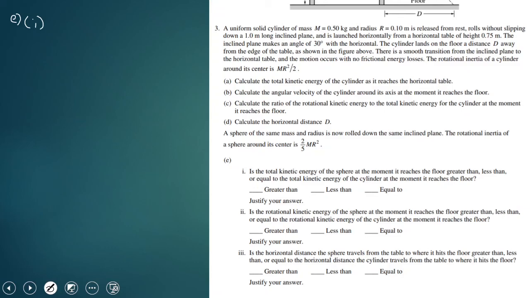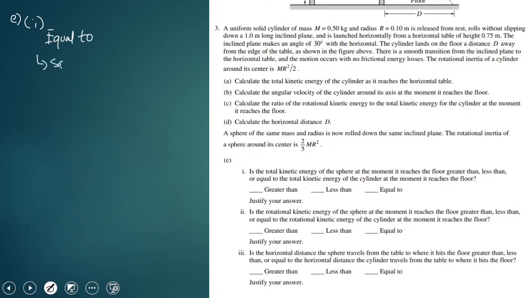So the total kinetic energy of the sphere when it reaches the floor, we have to consider is that it still follows the same distance. It follows from the same height as the cylinder, they have the same mass, so the sphere-Earth system has the same initial potential energy, and it all gets converted into kinetic energy, so it's equal to. Why?